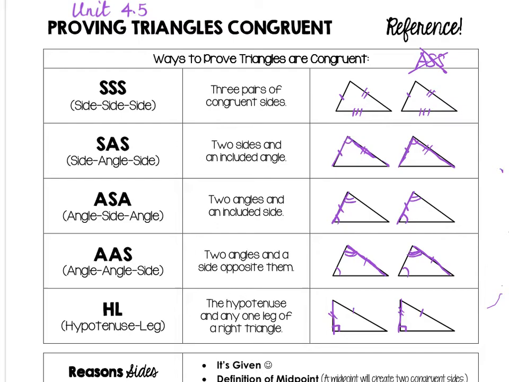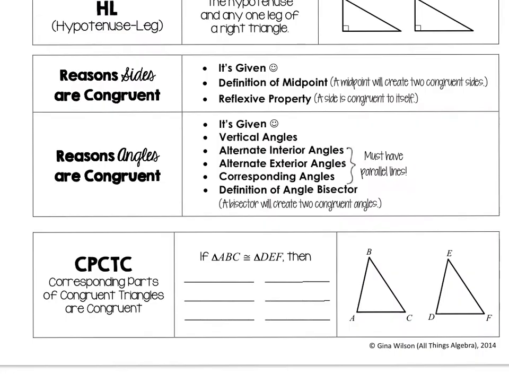Again, we can't have bad words in geometry. And finally, these 2 parts, the reasons sides are congruent and the reasons angles are congruent, are just reviews. There are some really good notes here, so make sure that you review those.